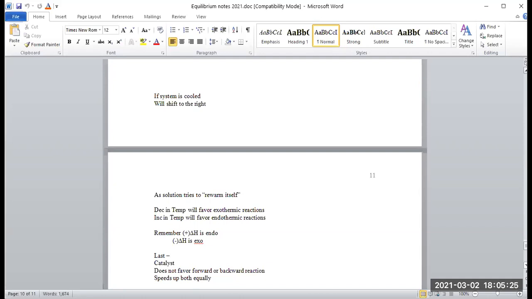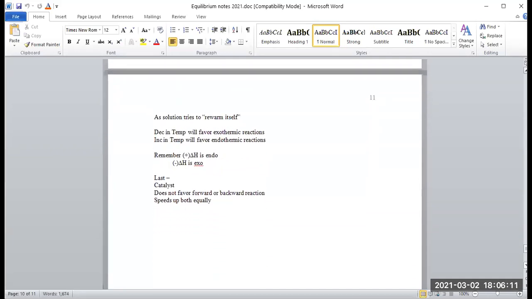If you want to favor an endothermic reaction, endothermic reactions are usually kind of sluggish. You've got to kickstart them. In this case, kickstarting them by adding temperature or by warming them up is going to give you a better endothermic reaction. Keeping in mind that from a thermodynamic point of view, the ones that are listed as being positive delta H's are the endothermic ones, and the ones that are given the sign of negative for the delta H are the exothermic ones.